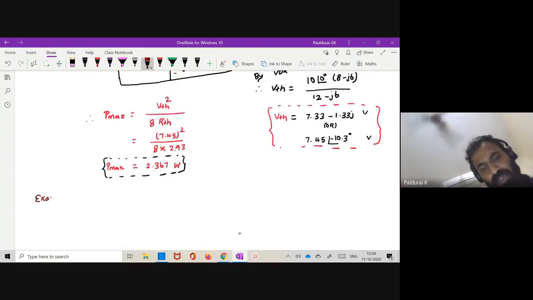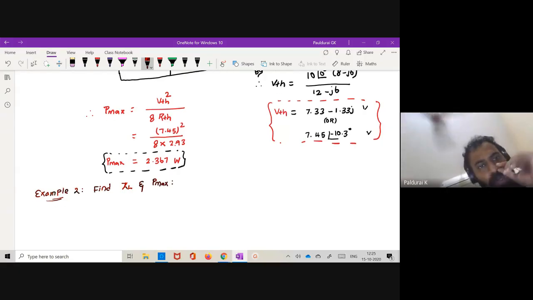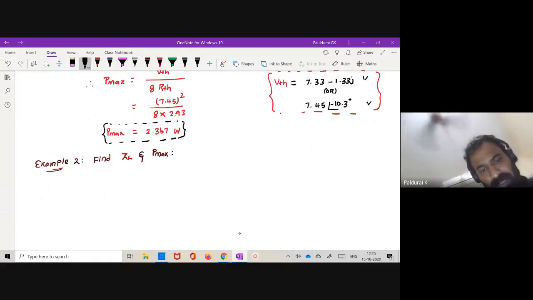Problem is the same, but this time a different circuit. So here also find ZL for maximum power dissipation and Pmax. Now take this circuit. It's quite an interesting circuit. I hope you will enjoy this.